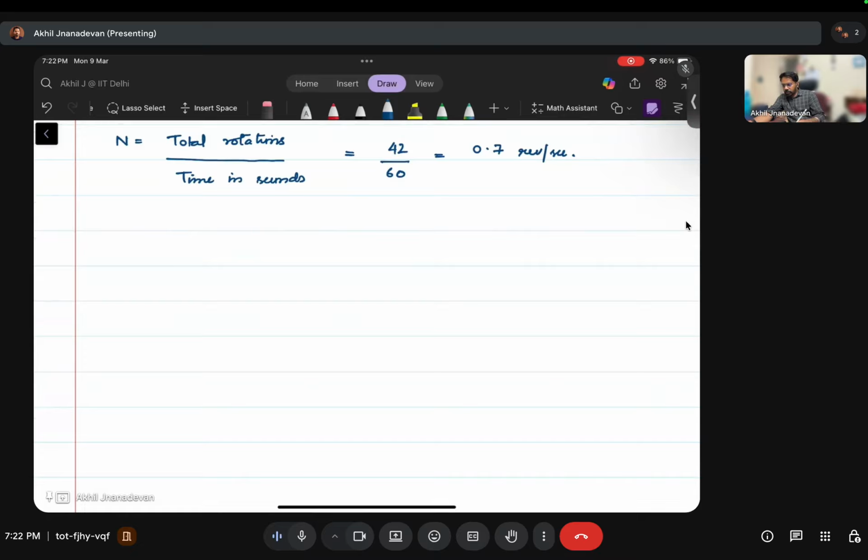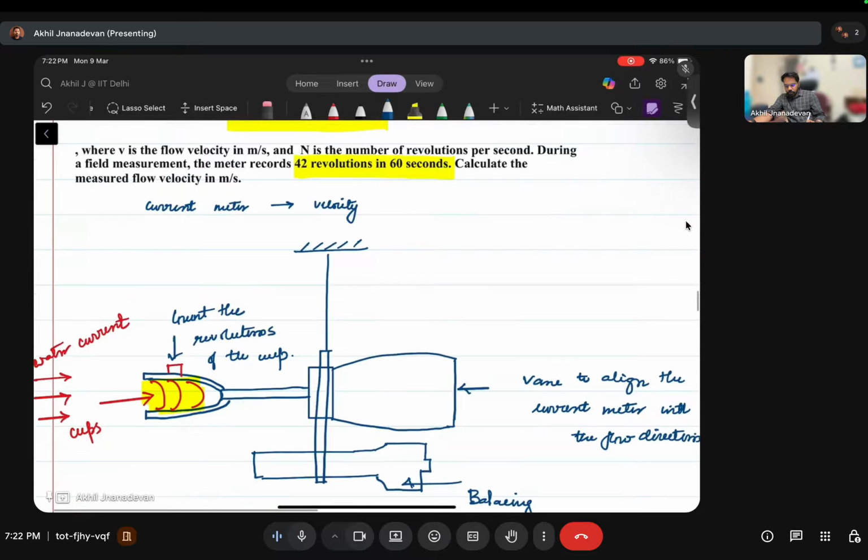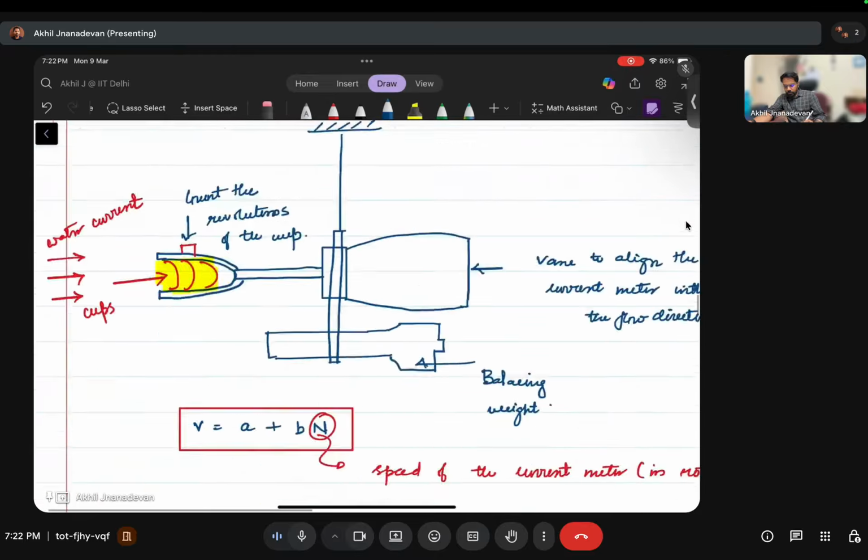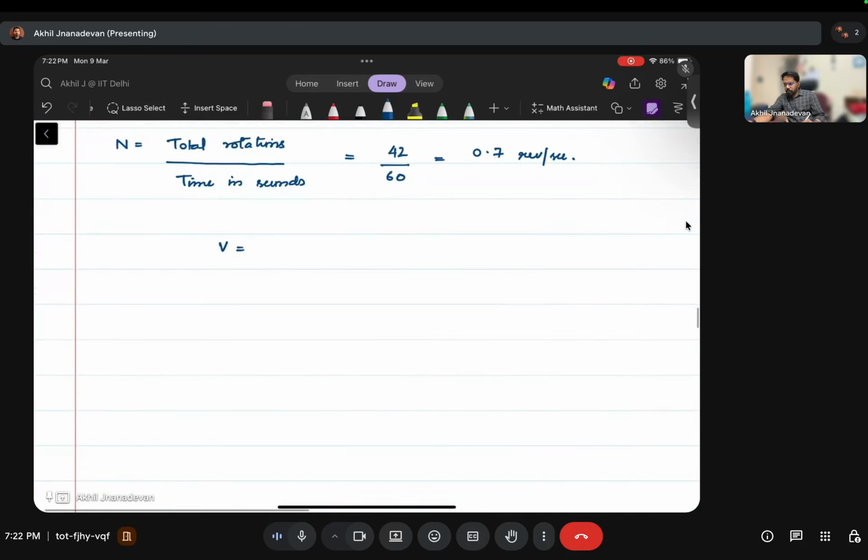Now we can substitute n to get the velocity, which will be in meters per second. It will be 0.65 times n, which is 0.7, plus 0.05, the calibration constant. So velocity will be equal to 0.505 meters per second.